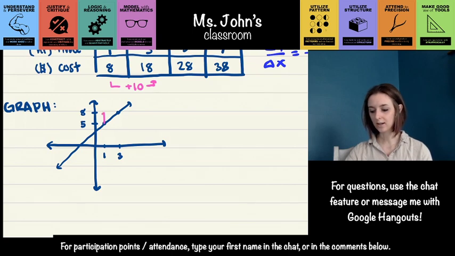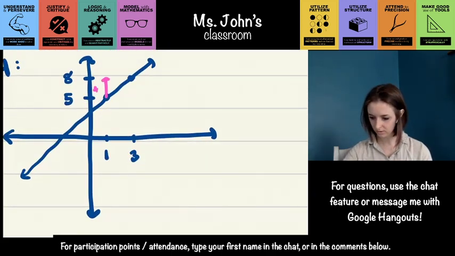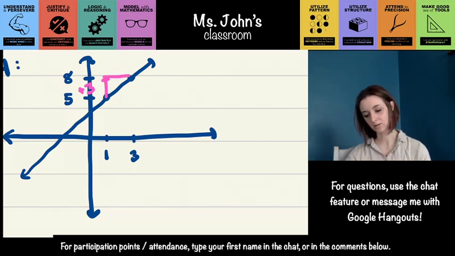So the rise here, we're going from 5 to 8. So the rise is plus 3. Then over from 1 to 3 is 2. So we're going up 3 and over 2.